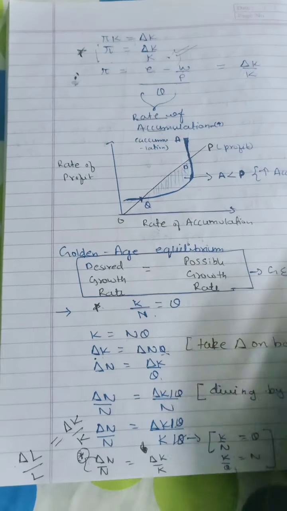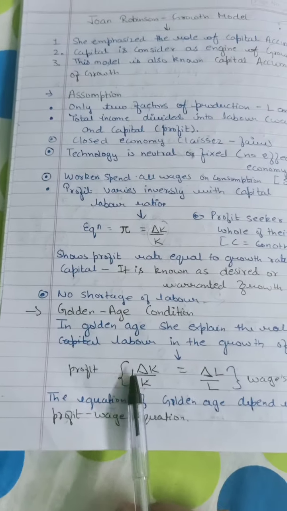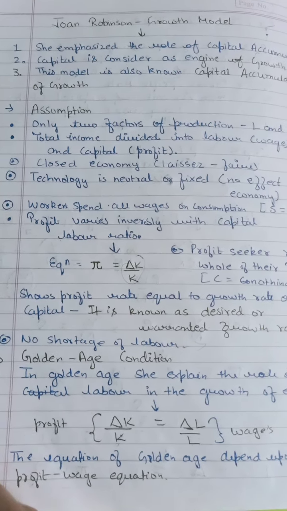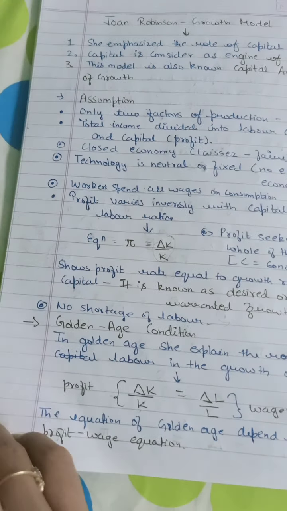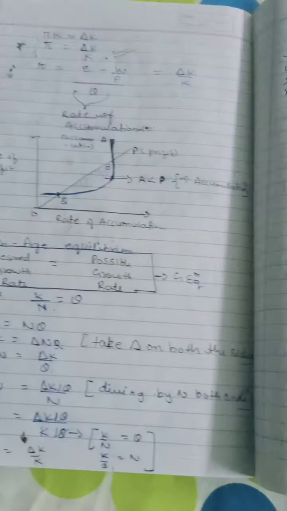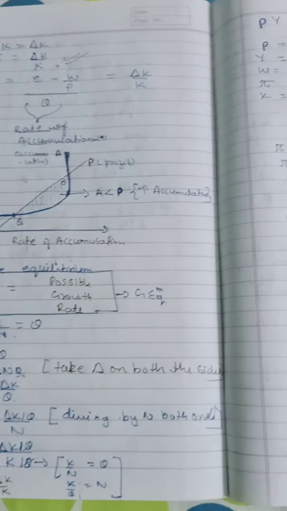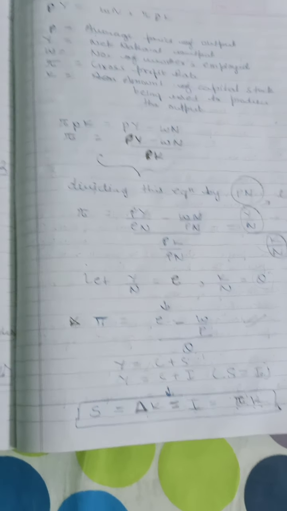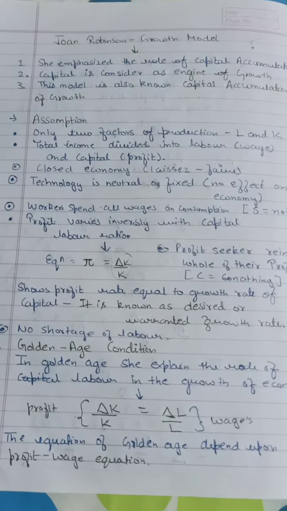So in golden age equilibrium, these two equations must be equal to each other. This is your profit wage equation, and this is how we can prove it mathematically. This is how we will say it in the theoretical part.